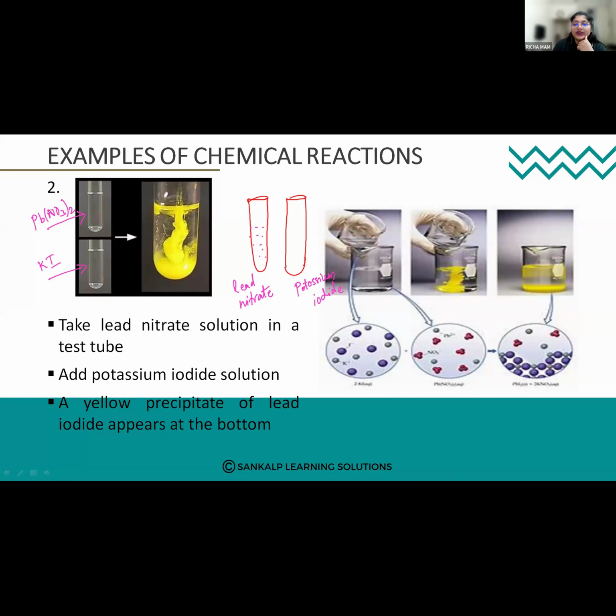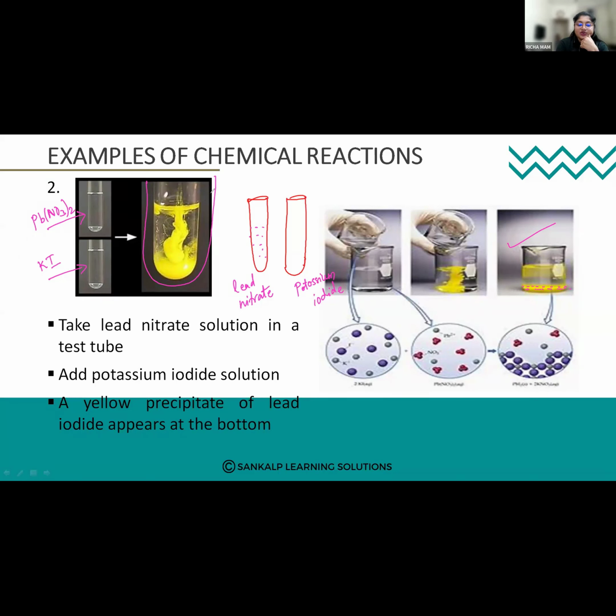When you add these two, you can see in this test tube it results in a yellow color precipitate. You can see the yellow precipitate at the bottom of this beaker also. This is your precipitate, and this is a chemical change which is occurring.